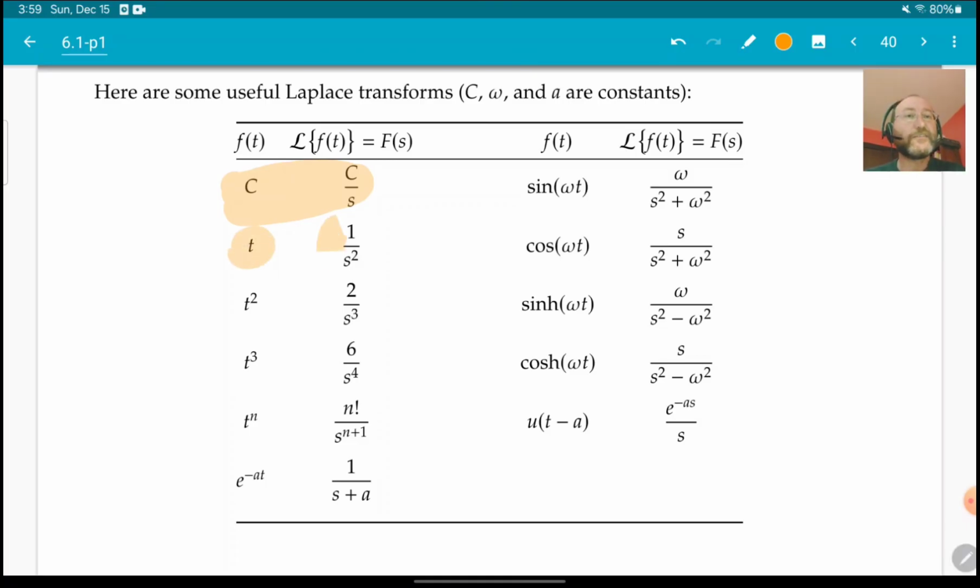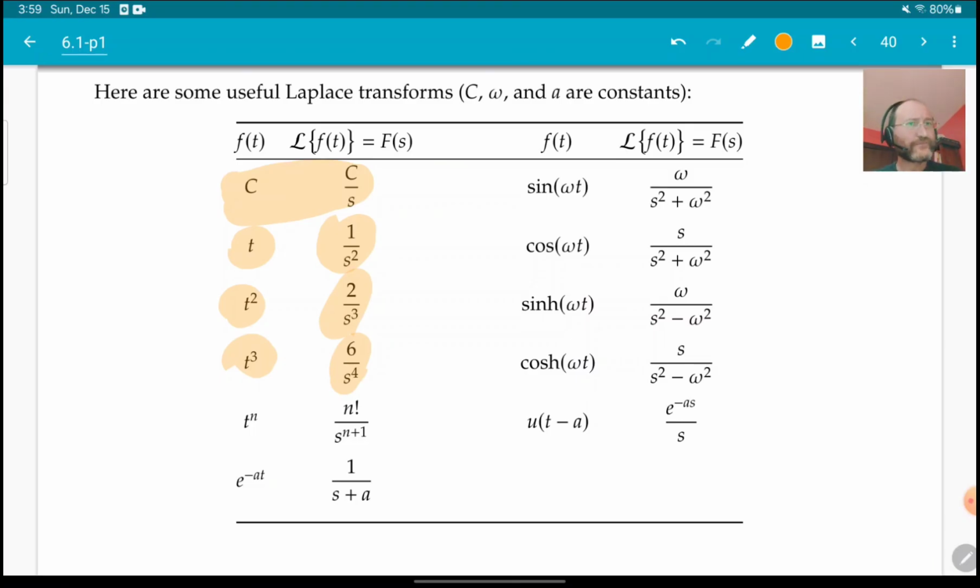Start with t, we said it was 1 over s squared. You do the same thing with t squared, you will need to do integration by parts twice, and you will get 2 over s cubed. If the function is t cubed, you have to do integration by parts another time, and you will find that it's 6 over s to the fourth.